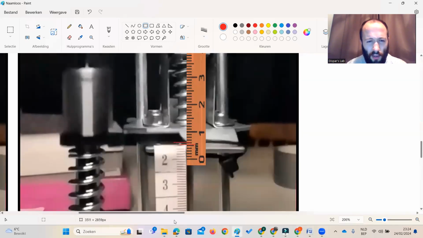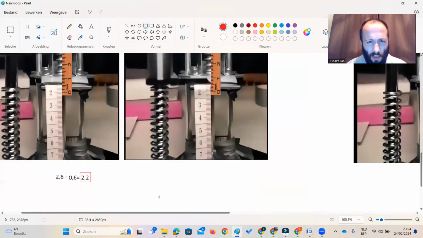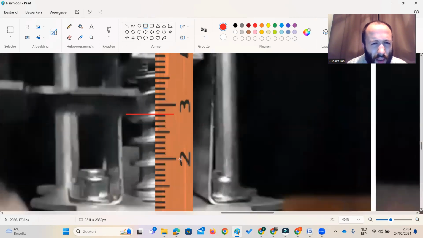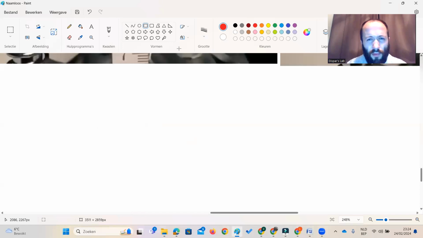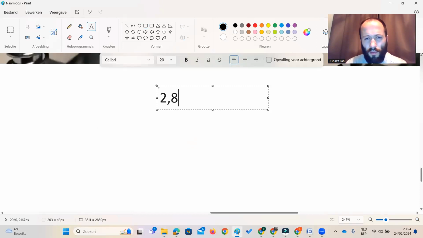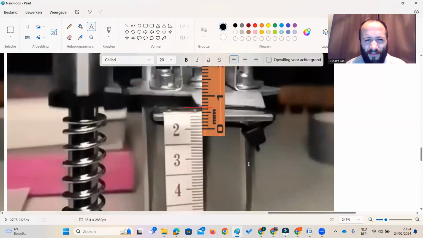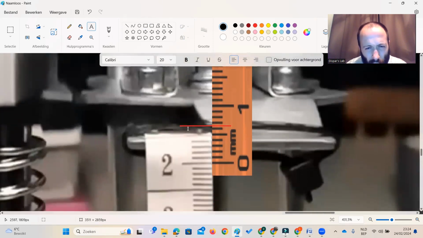Now in the next example, over here, we have 2.8 minus which seems to be 0.6 again, 0.65. It's around 0.6 again.